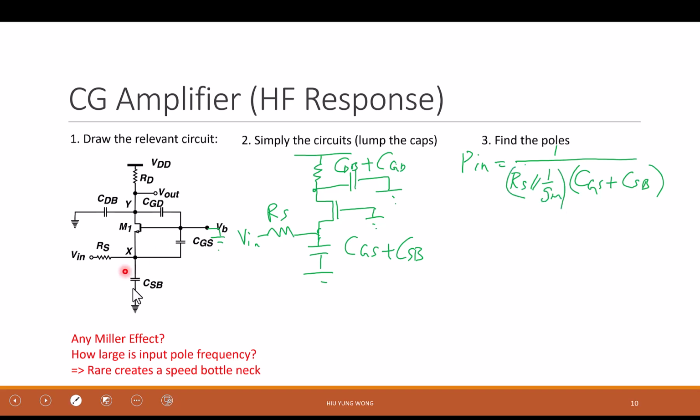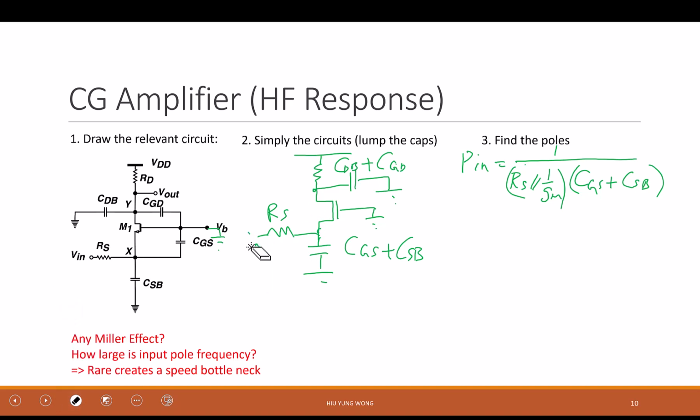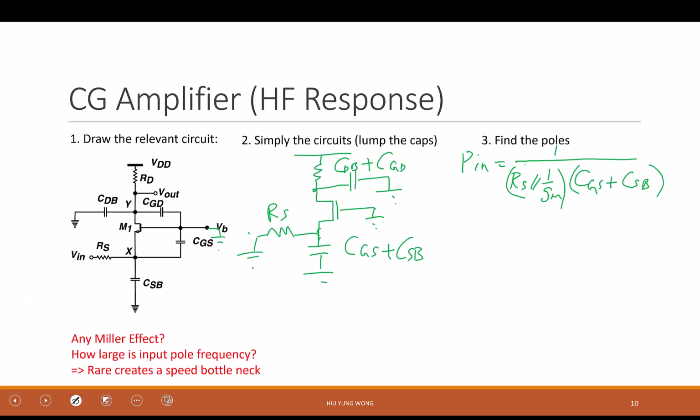Again, I stand here, I ask myself, what are the resistive paths that bring me to the ground? Going up is 1 over gm. I'm going to the source. Here, I need to ground Vin, in principle, because it is an independent source. So maybe I should make it more explicit, right? So it's RS parallel 1 over gm. And then what is the capacitor that can bring me to the ground? CGS plus CSB.